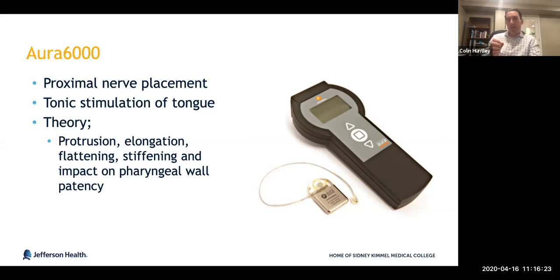So when you titrate or optimize this device, you're trying to find the combination of electrodes that optimally stimulate the tongue to allow for some protrusion, but also elongation, flattening, stiffening of the tongue, and hopefully having some impact on the pharyngeal wall and patency of the airway at the level of the oropharynx and tongue base.